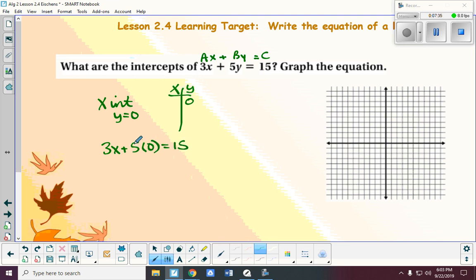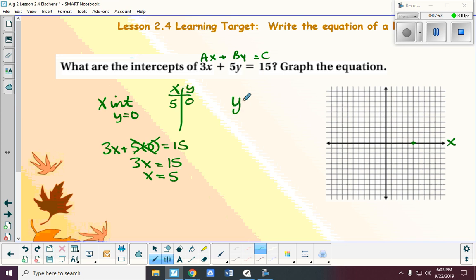Now, 5 times 0 is 0, so this just cancels out. And so then x is equal to 5. So when y is 0, x is 5. So your x-intercept, so we'll go to the x-axis, is 5.